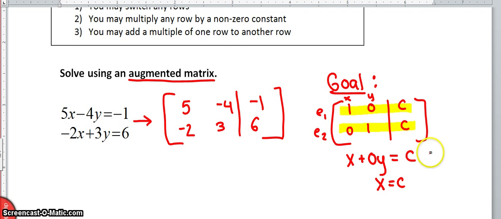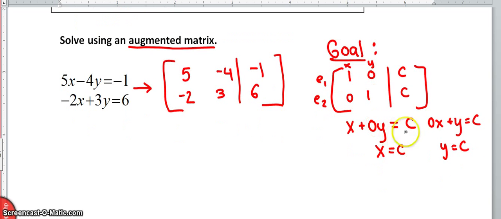In our second equation, we'd have 0x plus y equals some constant, which would give us y equals some constant. Therefore, if we get a matrix that looks like this, we've reached our goal. We have x alone, we have y alone, and we've solved the equation. Okay, so keep this in mind as we're working with our augmented matrix on the left here.